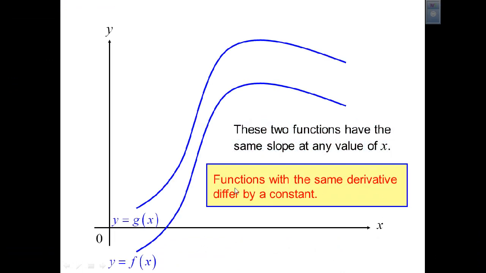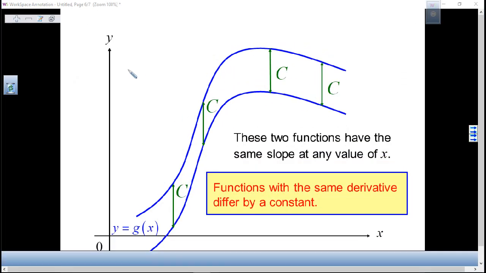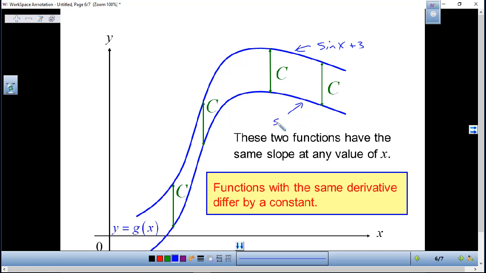Now, if we look at these two functions, they have the exact same slope at any value of x. So functions that have the exact same derivative differ only by a constant. So if I were to say this one up here is sine x plus 3, this one down here could be sine x plus 1.